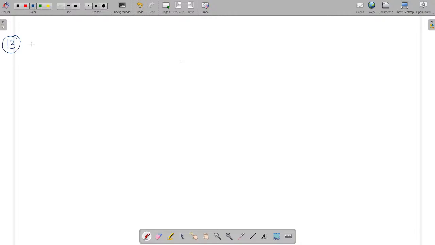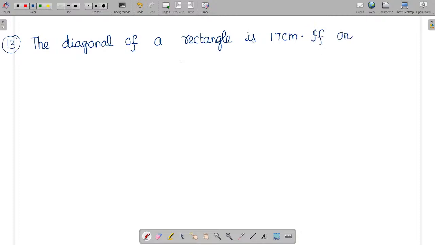So first let me write the question. The diagonal of a rectangle is 17 centimeters.